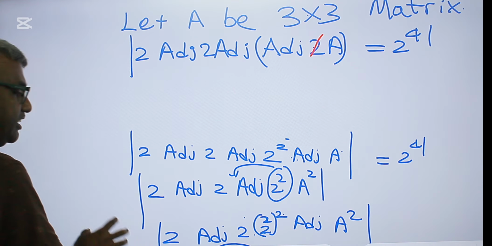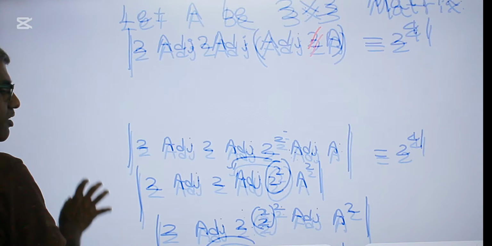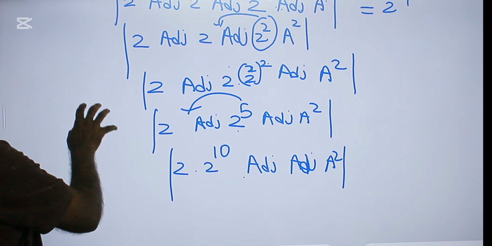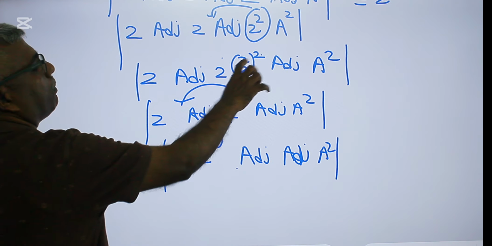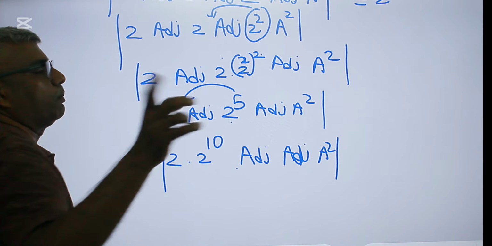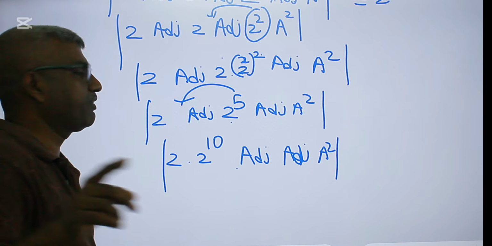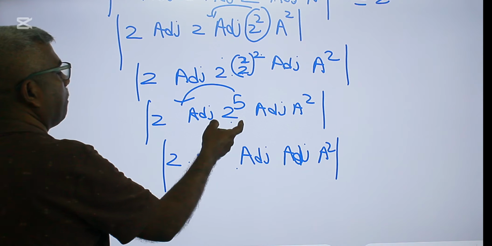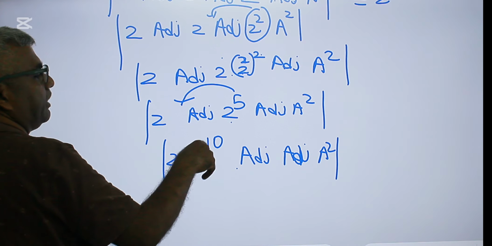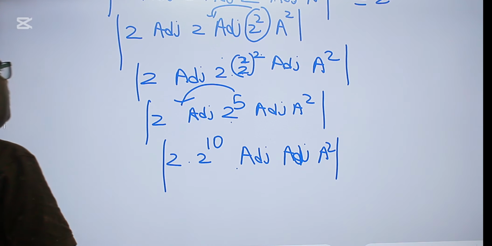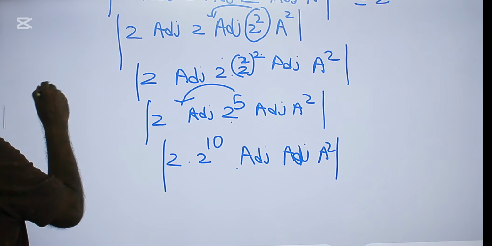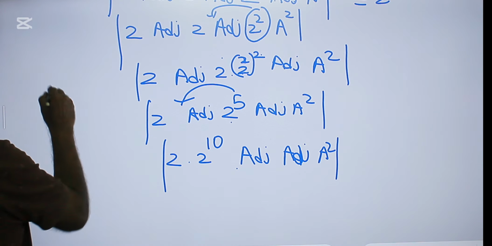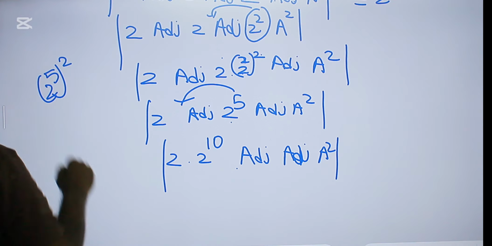Remaining everything as it is. Then it is 2 power 4, 2 power 1, 2 power 5. A power m times A power n is A power m plus n. 2 power 5 I am taking this side means power 2. 2 power 5 power 2 is 2 power 10.